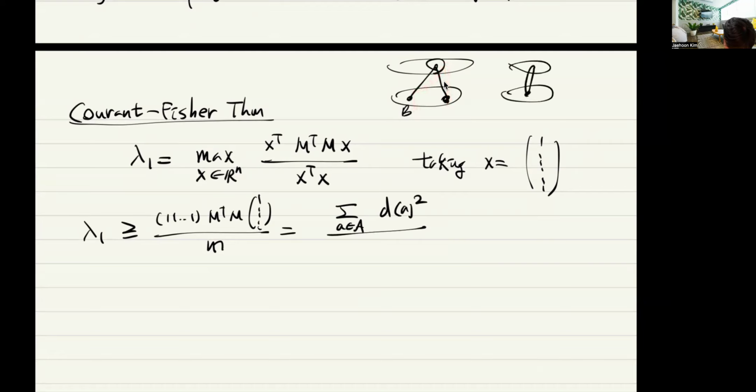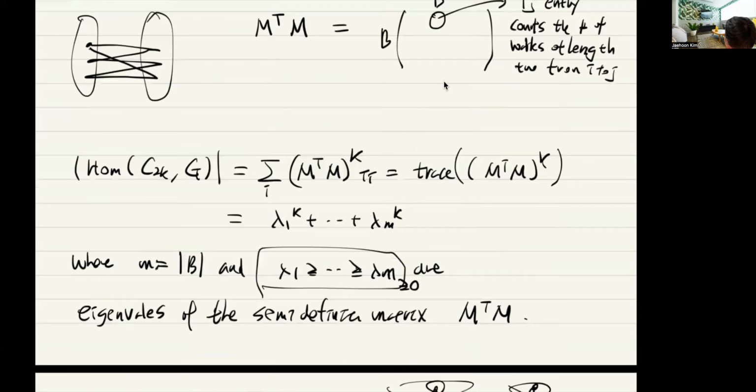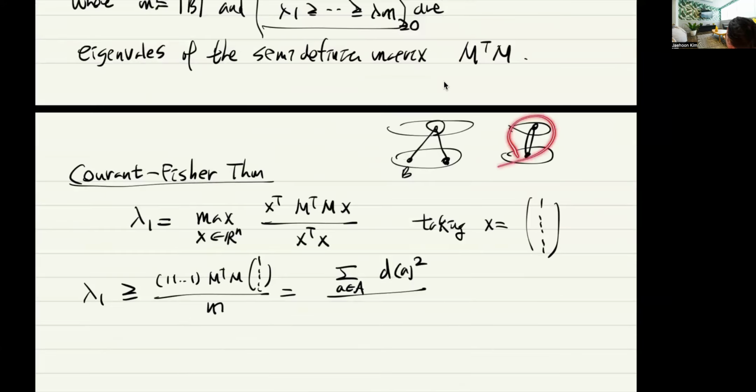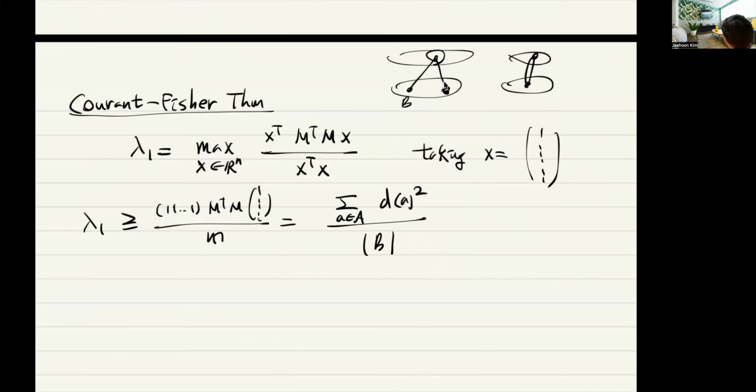Remember that this is also counted in terms of this B. So here, from one vertex to the other vertex, and here, this is also counted. So this exactly counts what we want. And you divide by B.